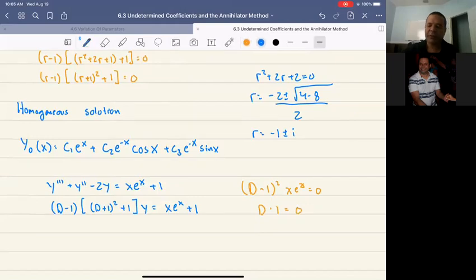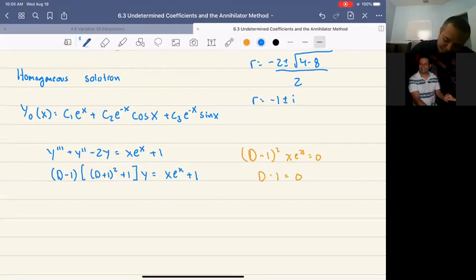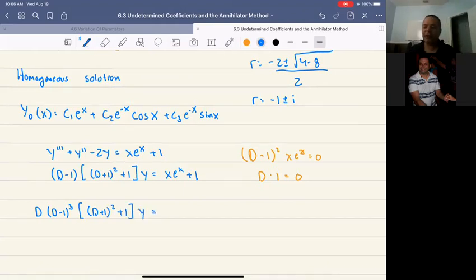So what we're going to do is multiply both sides of this equation on the left by D minus 1 squared and D. So we're going to get D minus 1 cubed, D plus 1 squared plus 1, y equals, and when we act with D and D minus 1 squared on the right-hand side, we get 0 on the right-hand side.